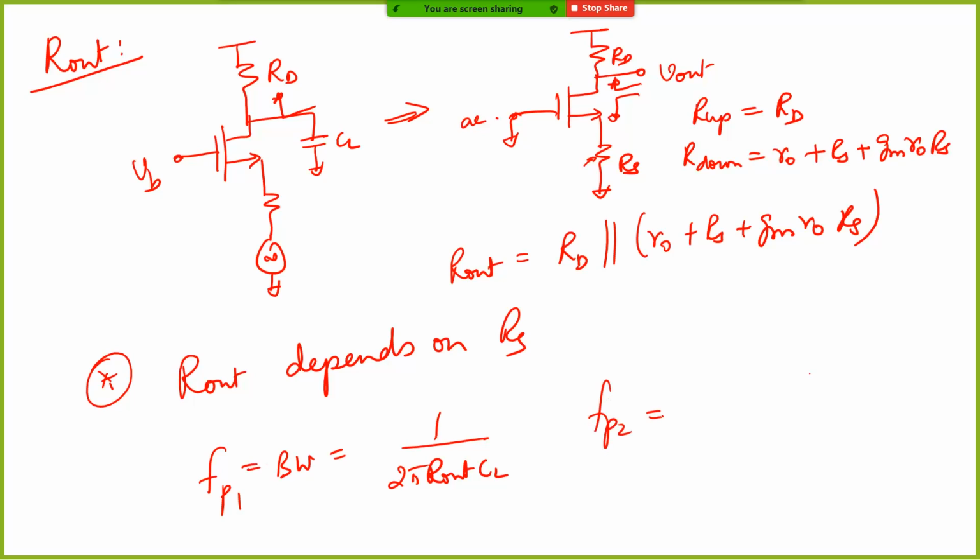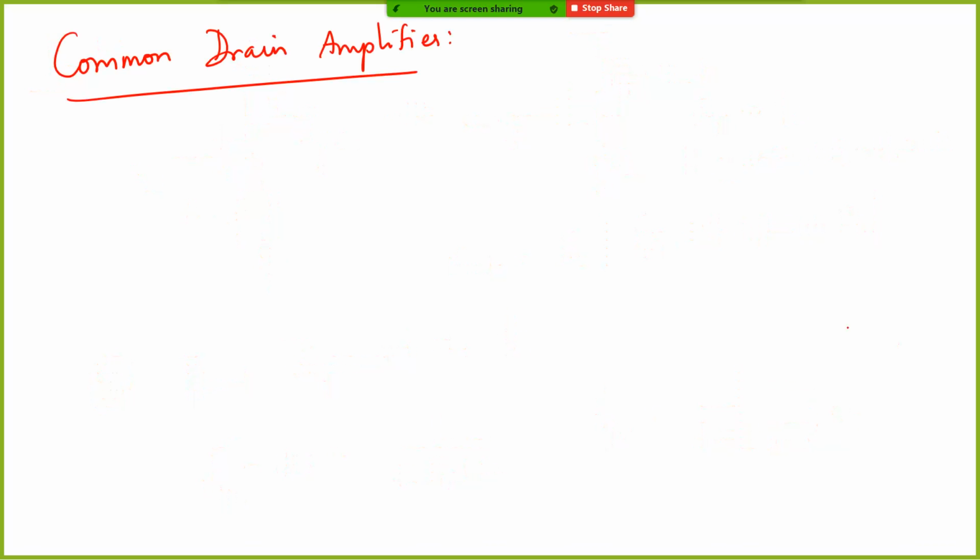Pole 2 can also be, let's say there is some capacitance at this node, so it becomes 1 by 2 pi times Rs parallel to Rn times the C in. You can derive that expression. All right, so common drain amplifier.